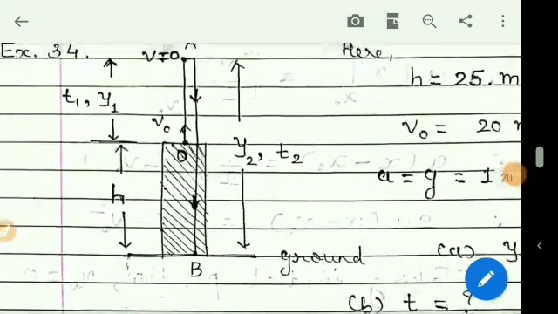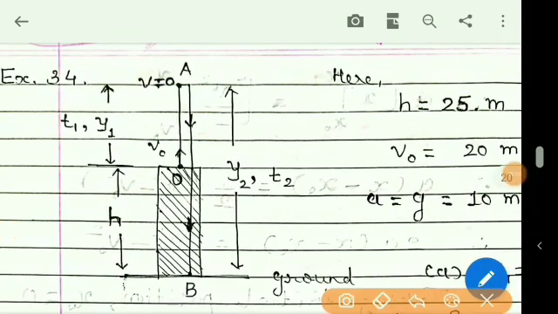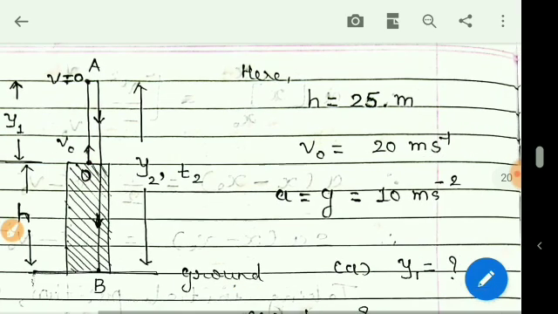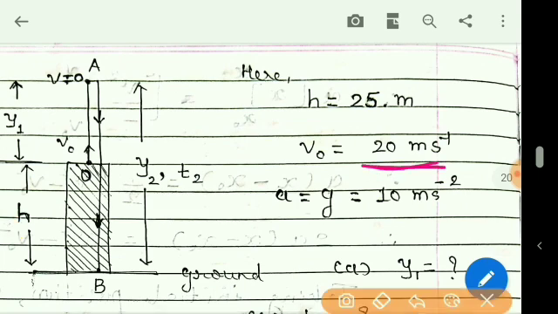Now students, here it is given that a ball is thrown from the building. So from this point, a ball is thrown in the upward direction and its velocity is 20 meter per second. So with that initial velocity, the ball is now moving in the upward direction.